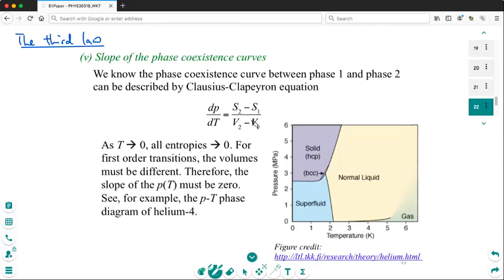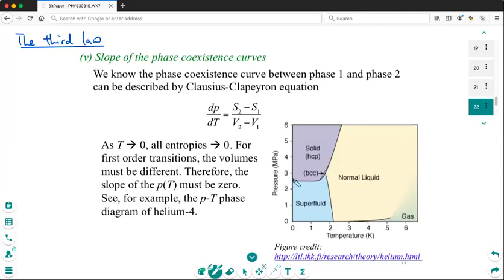Why? This is actually quite simple. This is coming from the Clausius-Clapeyron equation. If you write dP/dT, this is precisely the equation. And from that equation, this gives you the slope, and the slope has to be zero because S1 and S2, any process that happens at zero temperature, has to give you the same entropy.